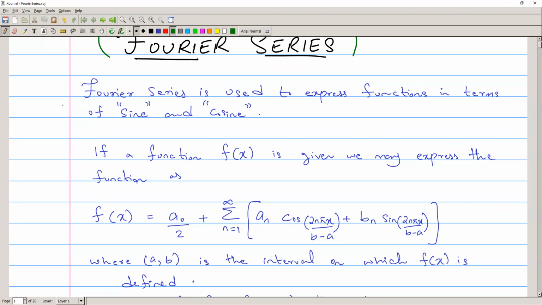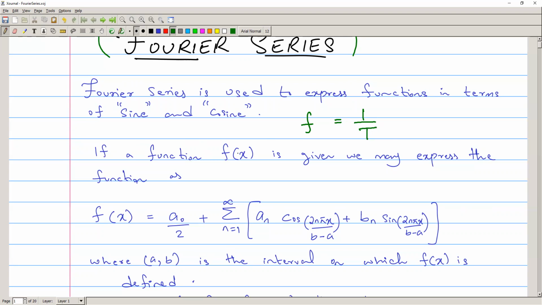So why do we need this Fourier series? The answer is very simple. In signals and systems, where we have any function of time, the frequency is given by some function of time, and we all know that f is equal to 1 over T, where T is the time period.